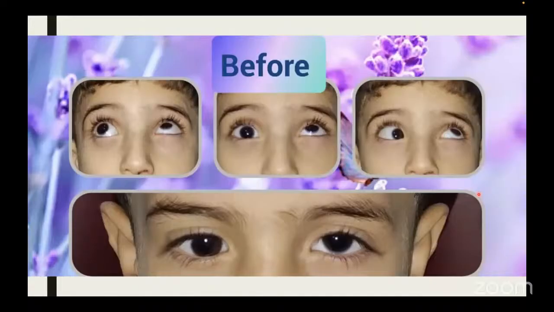And regarding the acquired, we have many causes like inflammatory, rheumatoid arthritis and other immune diseases, or iatrogenic. For example, if you did superior oblique tucking on a patient and did so much tucking, you can give the patient Brown syndrome.